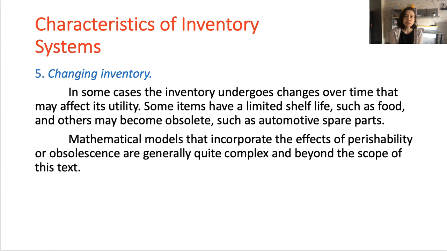So, in fact, those kinds of products have a limited shelf life. Besides these perishable items, also think about automobile spare parts. After a time, they may become obsolete. Or think about clothes. After a time, they may go out of fashion.